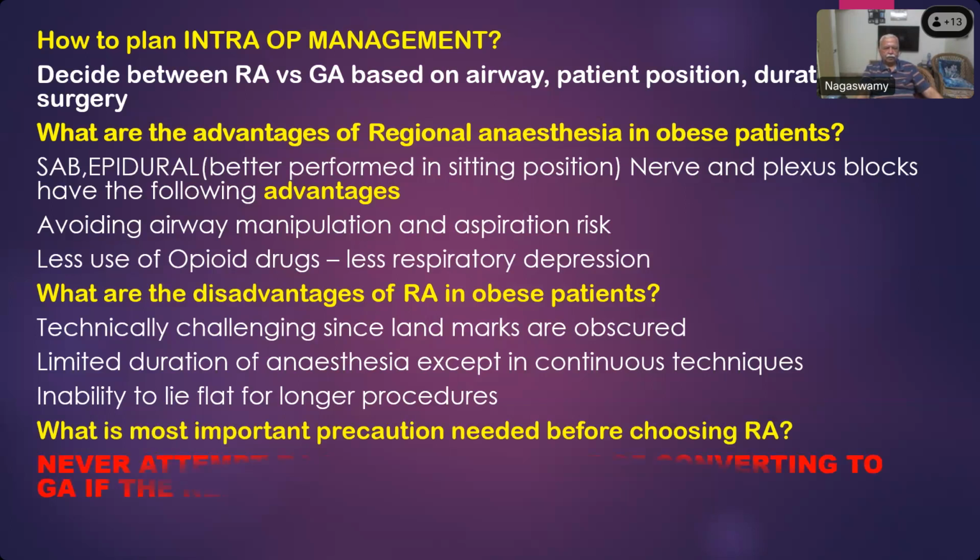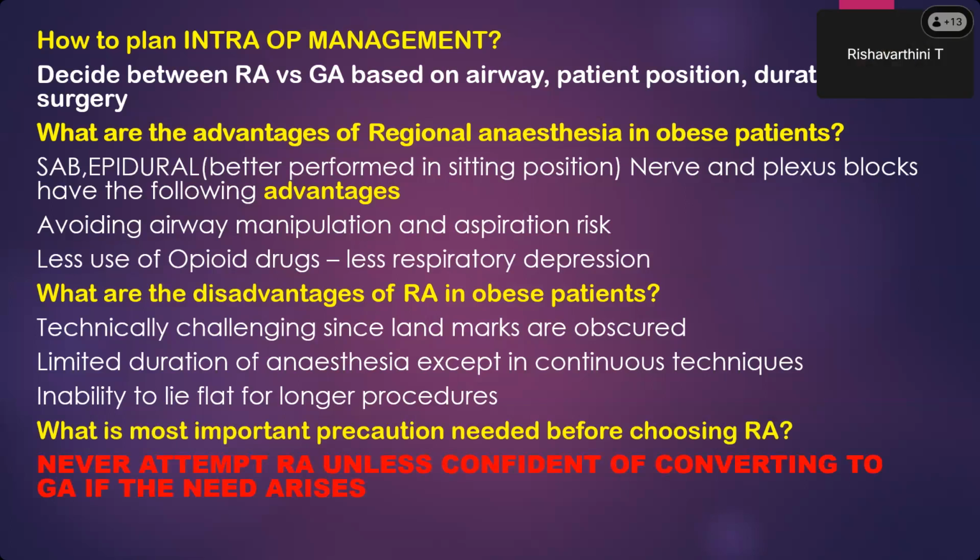Most important precaution is a backup plan: never attempt RA unless confident of converting to GA if the need arises. This is a very, very important dictum that you should keep in your mind so that you can avoid any catastrophe. Never attempt RA unless you are confident of converting to GA if the need arises.